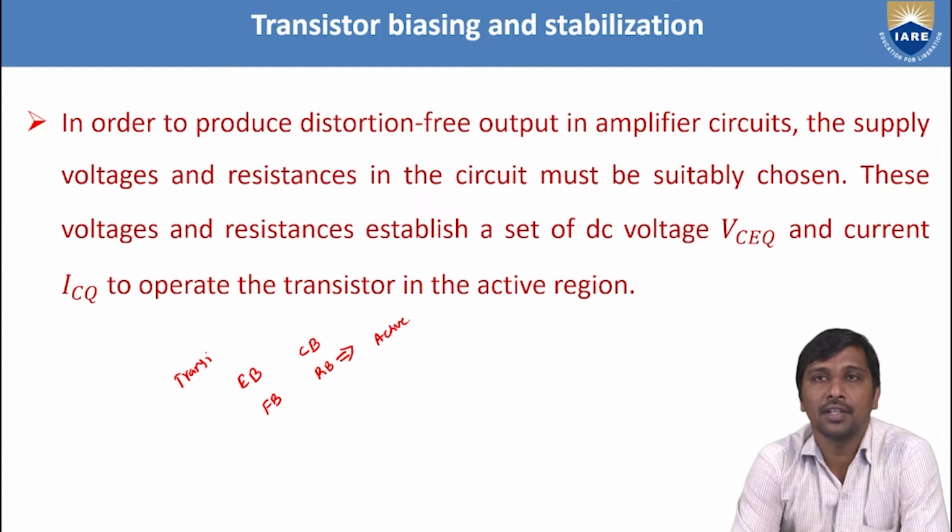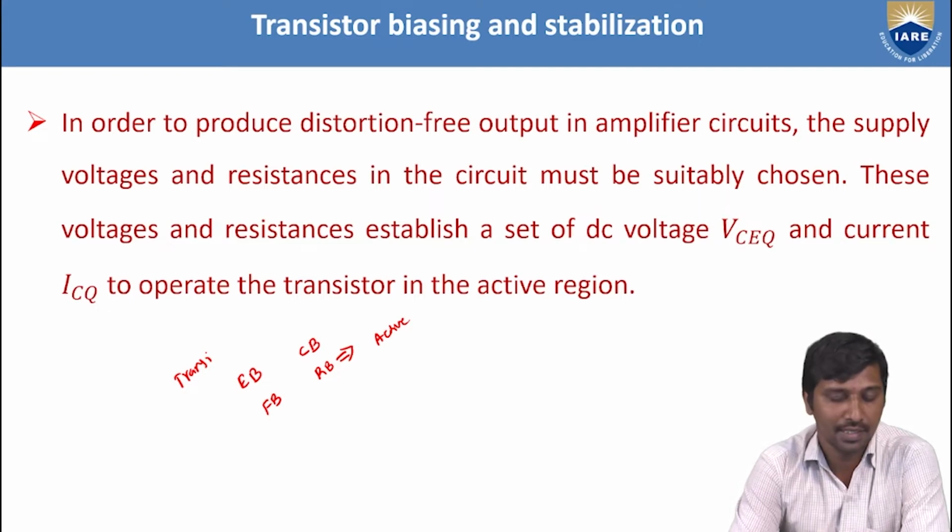Hence, only in the active region does the transistor act as an amplifier. Within that, we also need to maintain the particular point at which the transistor acts as a perfect amplifier. For this, we need to define a proper operating point, which can be done through these biasing conditions.